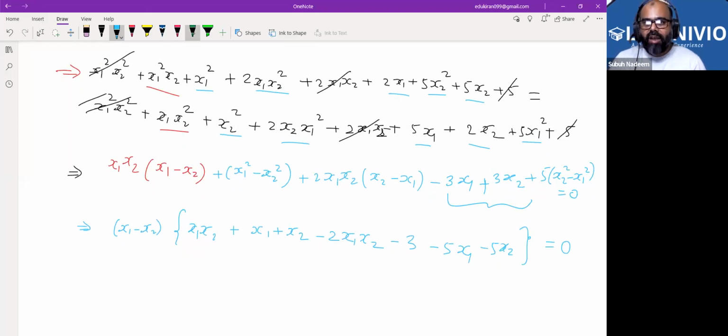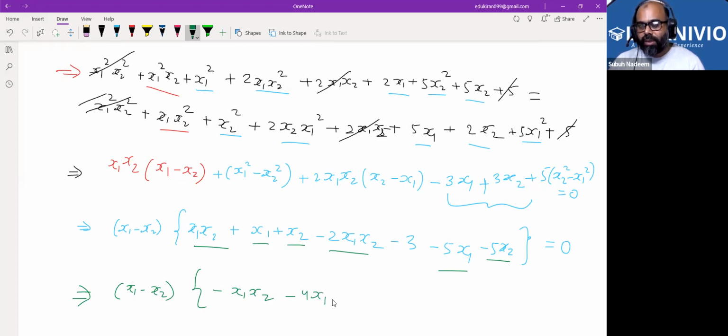And after this, x1 minus x2 into x1 x2 minus 2 x1 x2 is minus x1 x2. Then plus x1 minus 5 x1 is minus 4 x1. Then plus x2 minus 5 x2 is minus 4 x2. And then minus 3 is equal to 0.